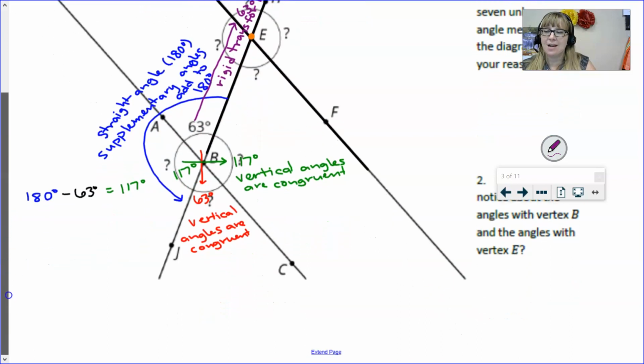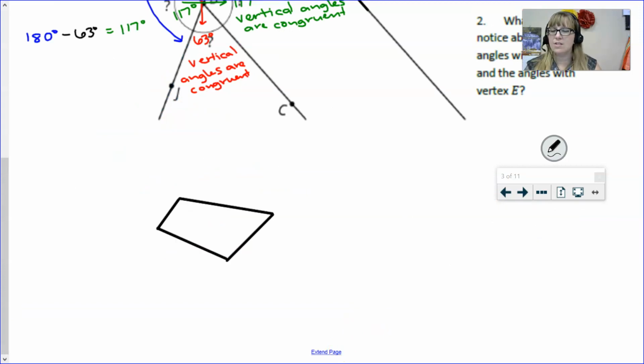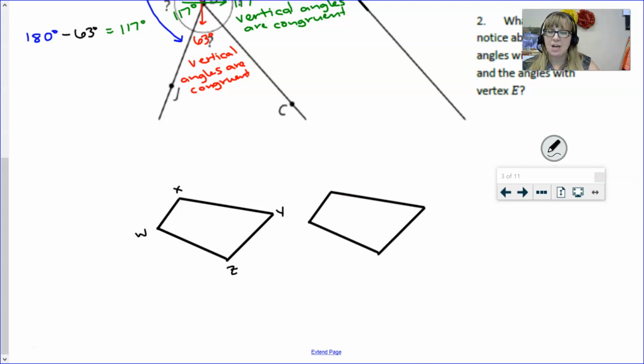Let's take a second and review another vocabulary word that may have been forgotten. Starting here with this quadrilateral, I might name this quadrilateral W, X, Y, and Z. Now, when I perform a rigid transformation on this quadrilateral, like this translation, we would need to know what to name these points.